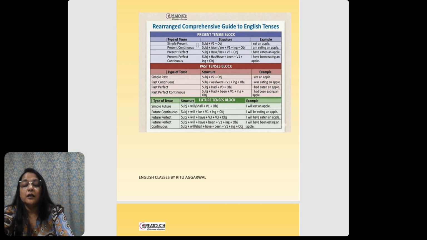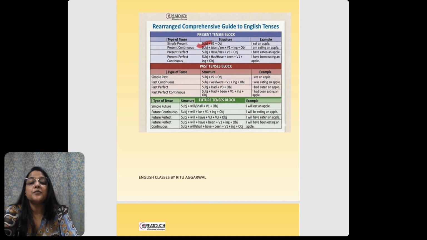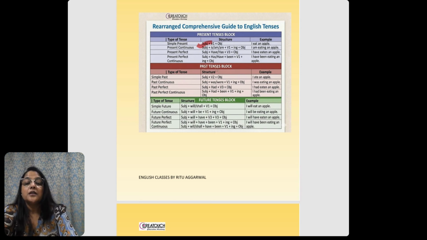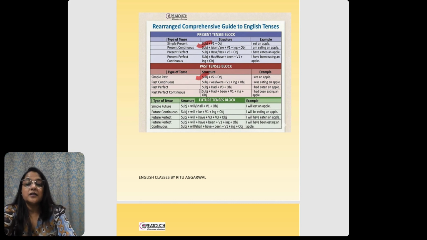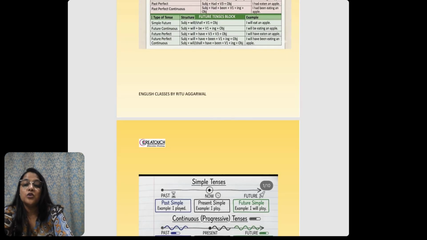The structure is subject plus verb plus object; subject plus is/am/are plus verb first form plus object; subject plus has/have plus third form of the verb plus object; subject plus has/have plus been plus verb first form plus object; subject plus verb second form plus object; subject plus was plus verb first form plus ing plus object; subject plus had plus third form of the verb plus object; subject plus had been plus verb first form plus ing plus object. If you really want to learn tenses, just learn the chart. The rule chart is a very important part of tenses.